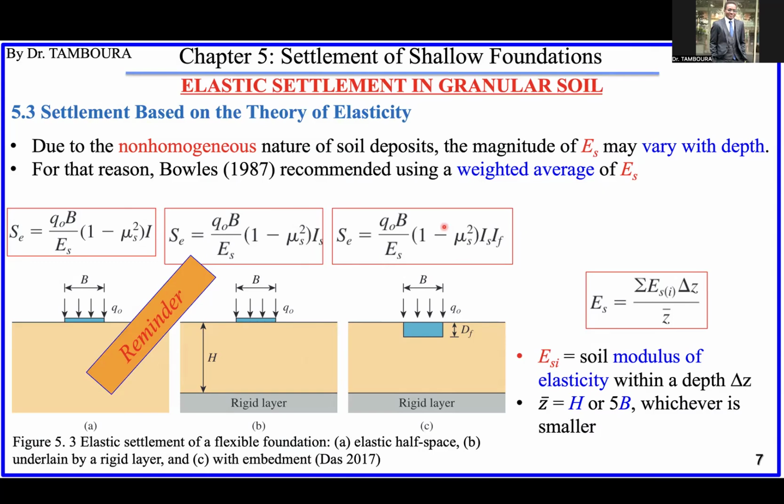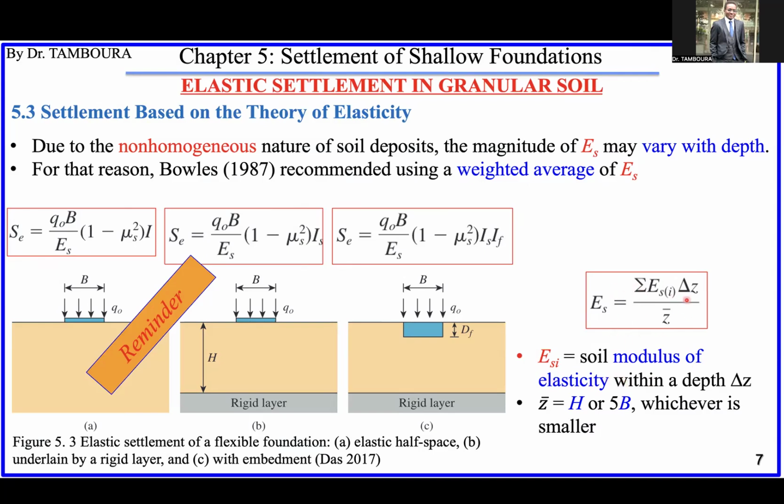Okay, but the thing that is interesting here, that we need to focus on, is that in all these 3 equations, we have the elastic modulus, ES. You can see it here, ES, ES. And in the previous lesson, we said that the elastic modulus can be considered as an average.